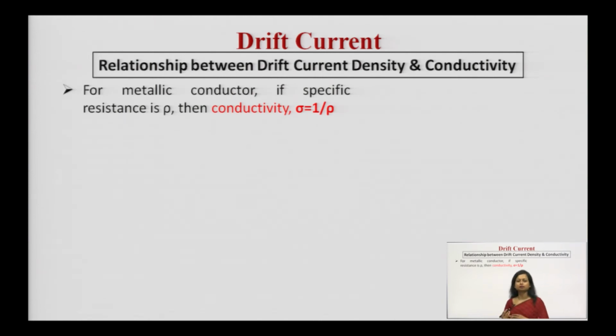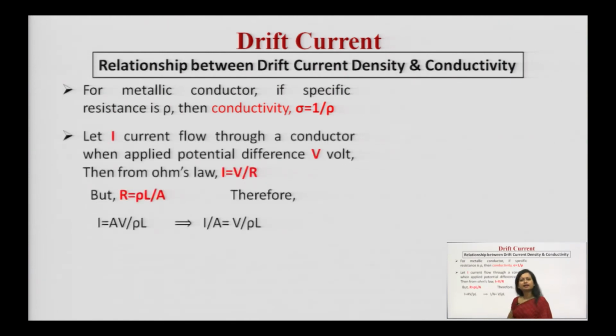In insulators, conductivity is poor, so resistivity is high. In conductors, conductivity is high, so resistivity is low. So, this is how conductivity and resistivity are related.